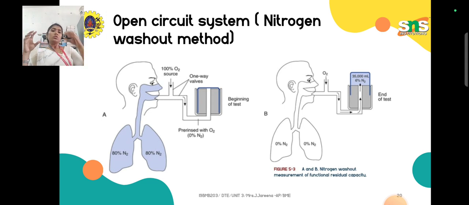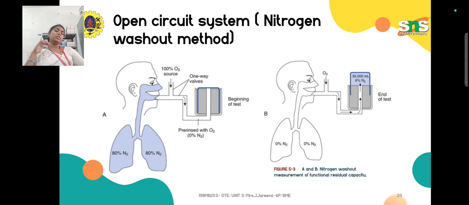It goes inside your lungs, and when they exhale, the remaining nitrogen present in the residual volume comes out. Again the patient takes a deep inhalation of pure oxygen. Only pure oxygen gets inside the lungs, and the residual nitrogen gets washed out at exhalation.